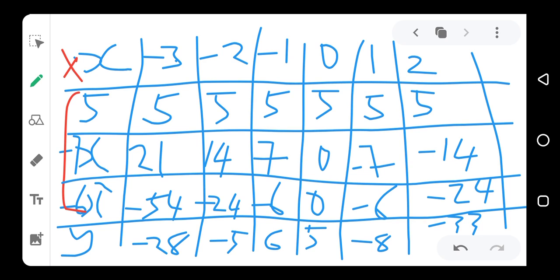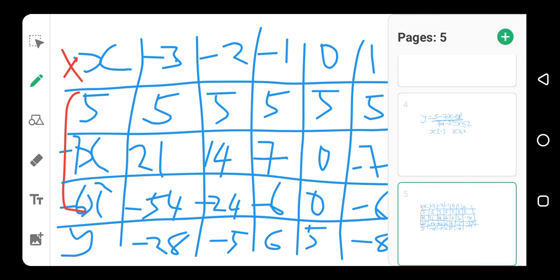You can now bring out the values of x and the values of y in a very small table if you like, or you can leave it in this big table and create your curve or your graph, which is what we are going to discuss in the next class.